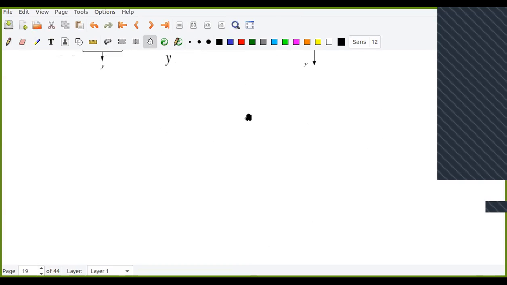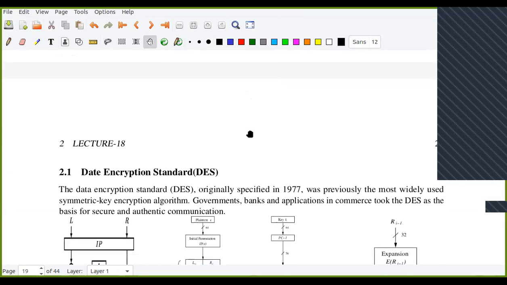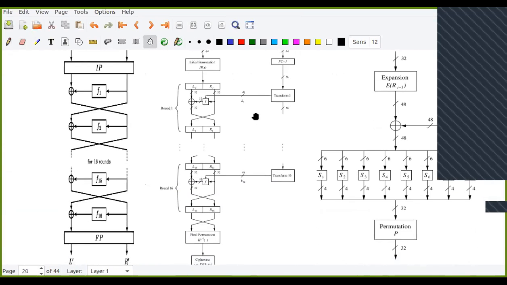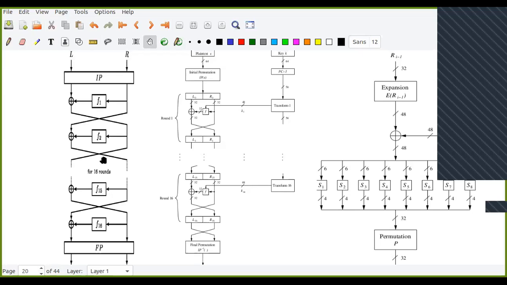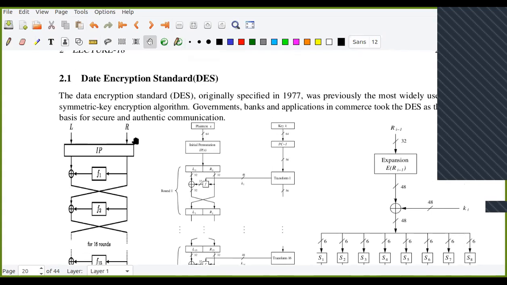Now I'll tell you the bigger picture. DES is a Feistel cipher with F1, F2, F3, these are the 16 functions. Your plain text, first we do some initial permutation.